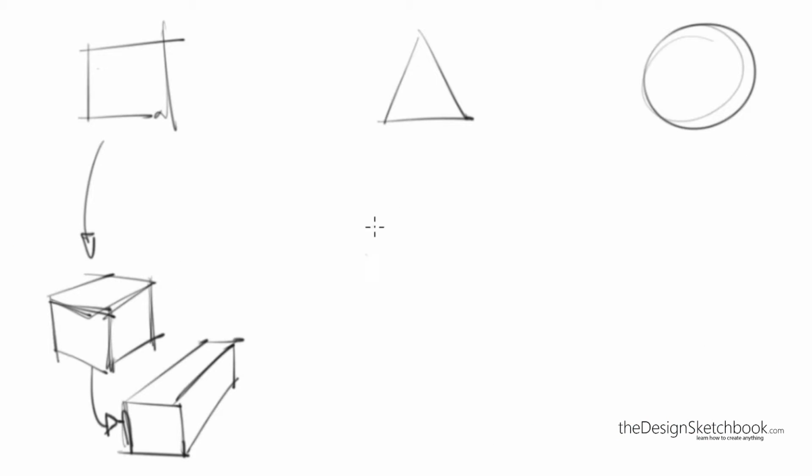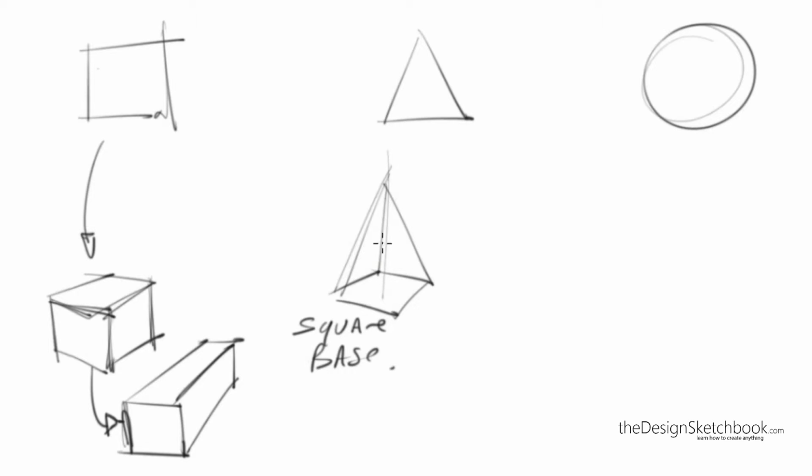And the triangle, with a square base in perspective, you're going to get what I would call a prism. But I'm not sure a prism has 4 sides though.